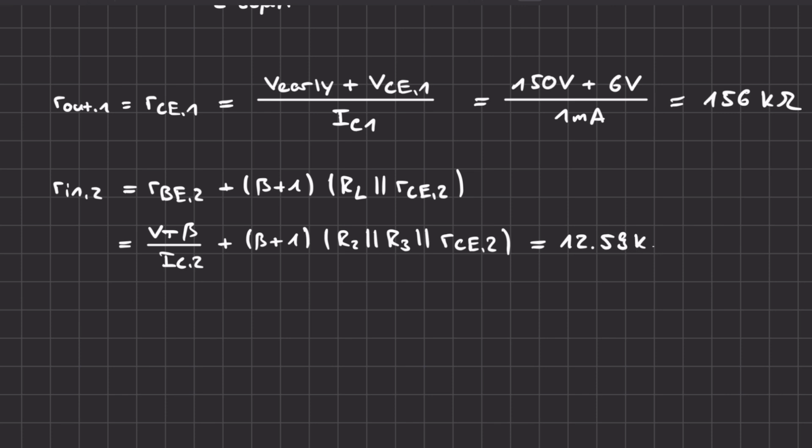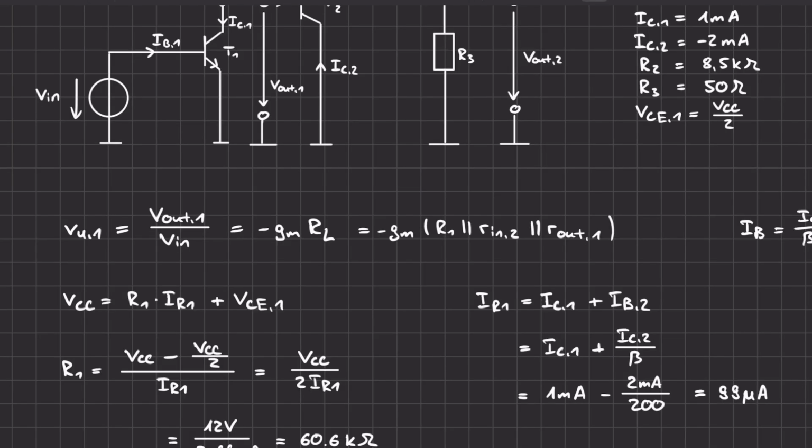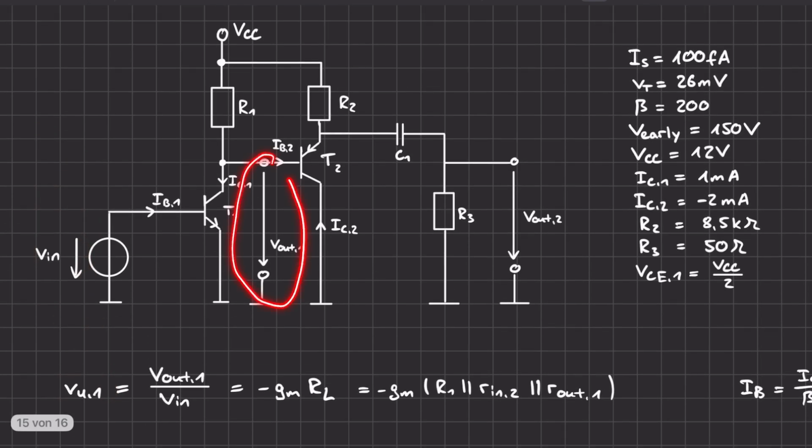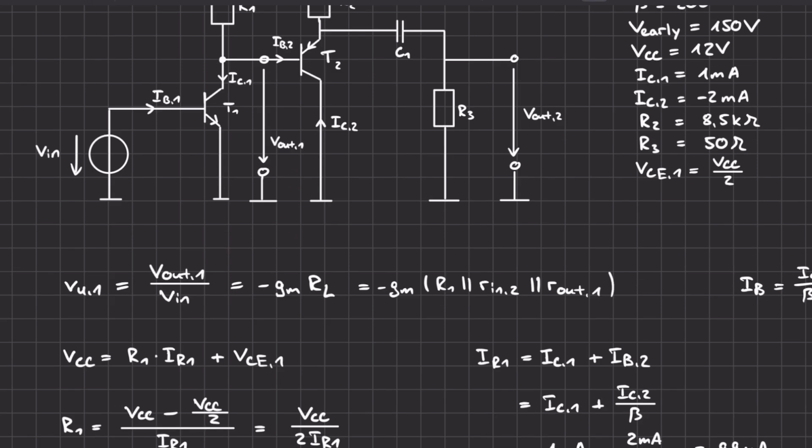12.59 kilo ohms. So now that we've calculated the three resistors, we can finally calculate the voltage gain from the input voltage to the first output voltage. As a reminder, the transconductance is just the collector current divided by the terminal voltage.